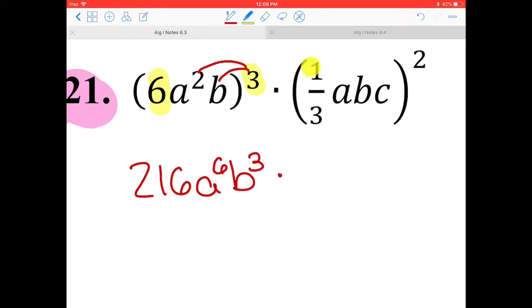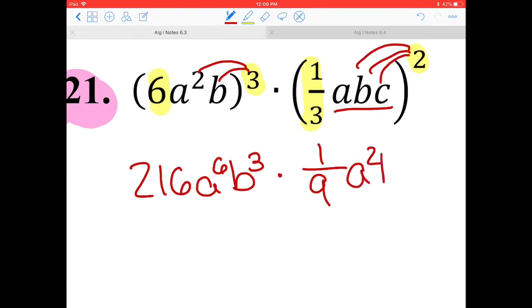Times 1/3 squared. 1 squared is 1, 3 squared is 9. And then a, b, and c, neither one of them have an exponent, so basically they're all just going to get a 2. A squared, b squared, c squared. All right, 216 times 1/9.